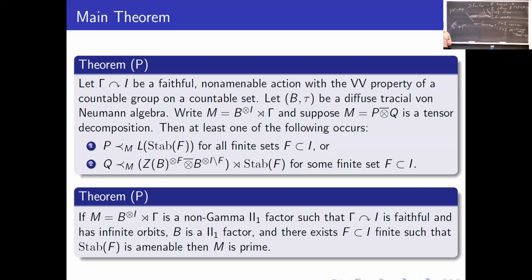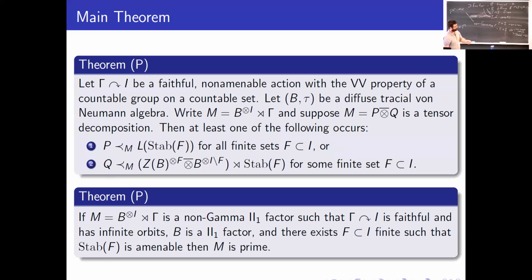I know it's kind of weird that I wrote non-gamma and then still have to write faithful with infinite orbits. The non-gamma part allows me to do all of the nice bimodule calculations. The faithful and infinite orbits allows me to do some other arguments later on. I need the ergodicity and freeness in other places in the argument, to do some of these bootstrapping or weak bicentralization type arguments.